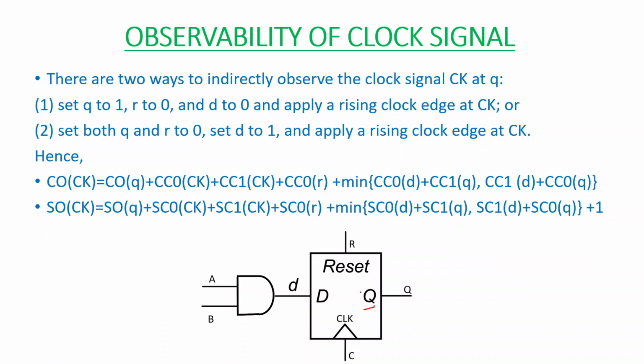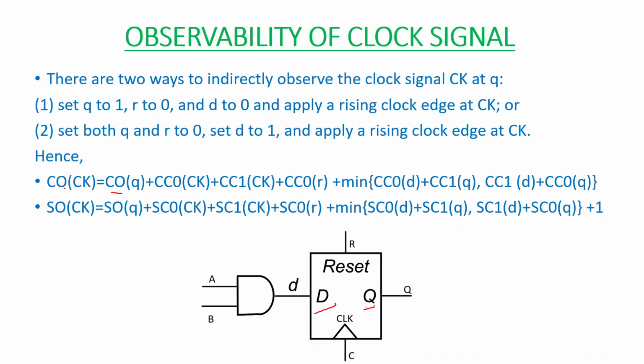Or we can set both Q and reset to 0. We can set Q to 0, reset to 0, and set D to 1. Again, this value D, which will be 1, will be propagated to the output Q when we have a positive clock edge. So we have two conditions here. In this first part, we are adding the common terms.